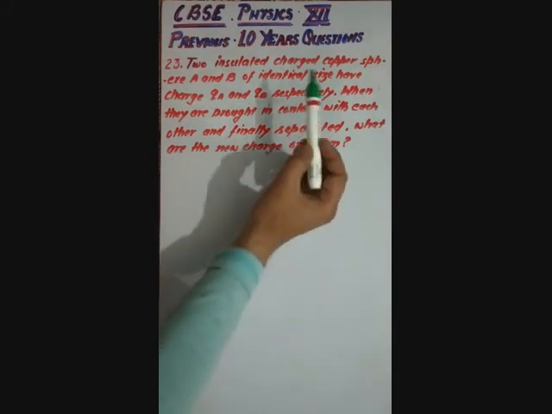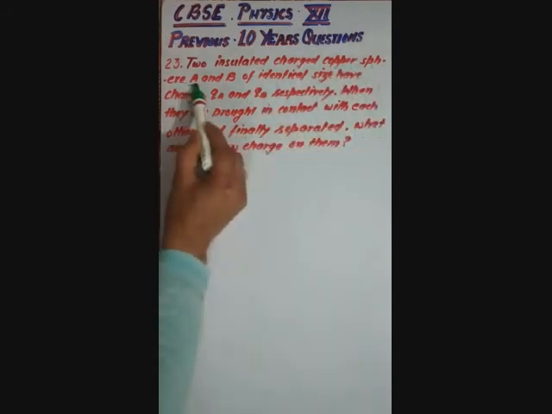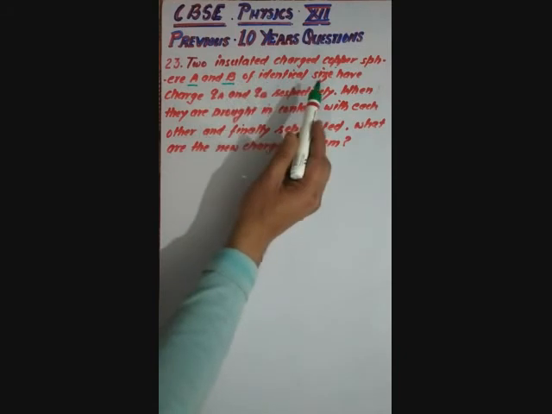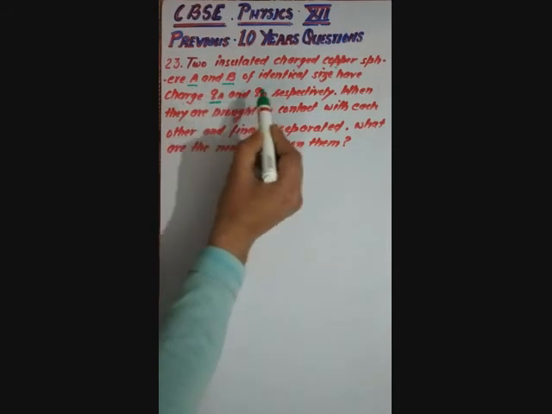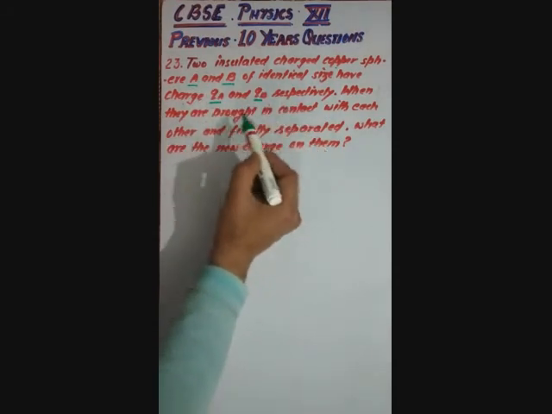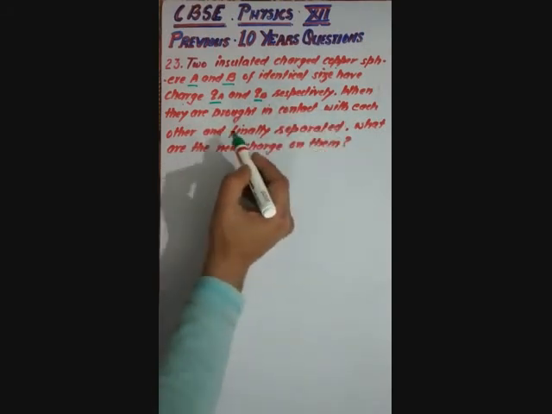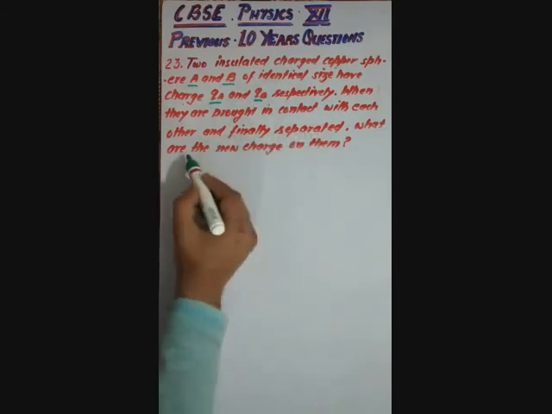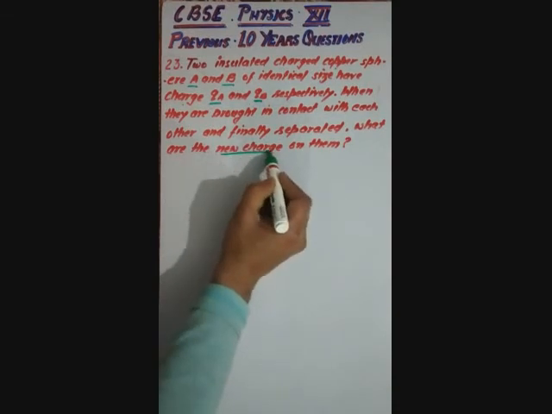Two insulated charged copper spheres A and B of identical size having charges QA and QB respectively, when they are brought in contact with each other and finally separated, what are the new charges on them?